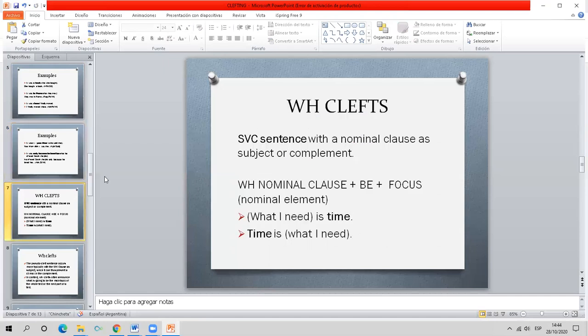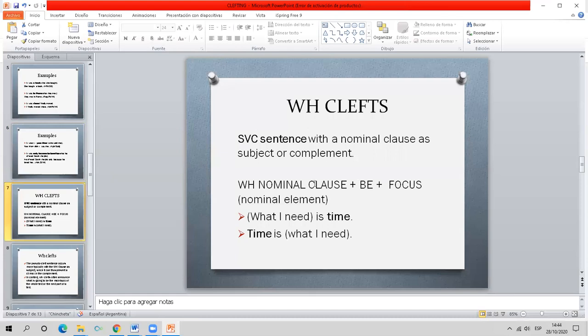And the WH cleft has a structure: subject, verb, complement. It has a nominal clause as subject or complement, because this is a reversible structure, okay? You may find the nominal clause at the beginning as subject or at the end as complement.